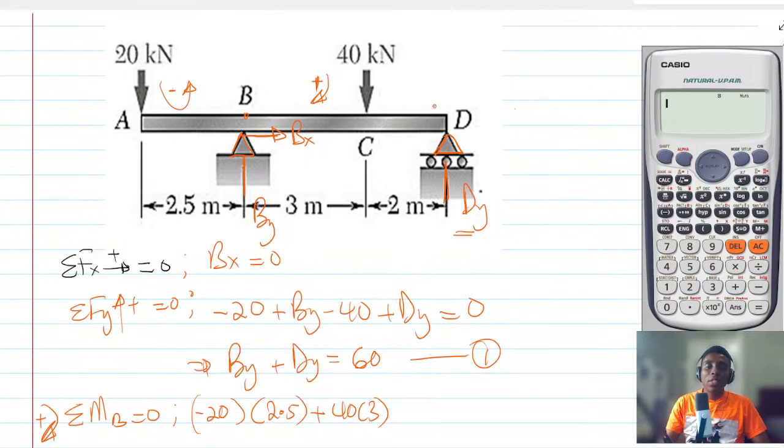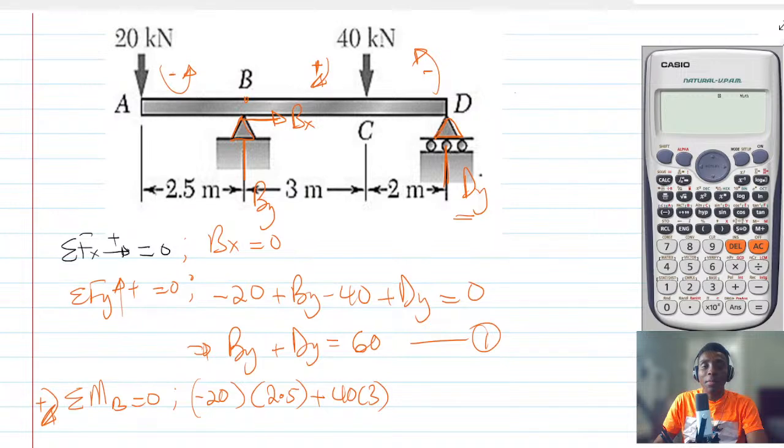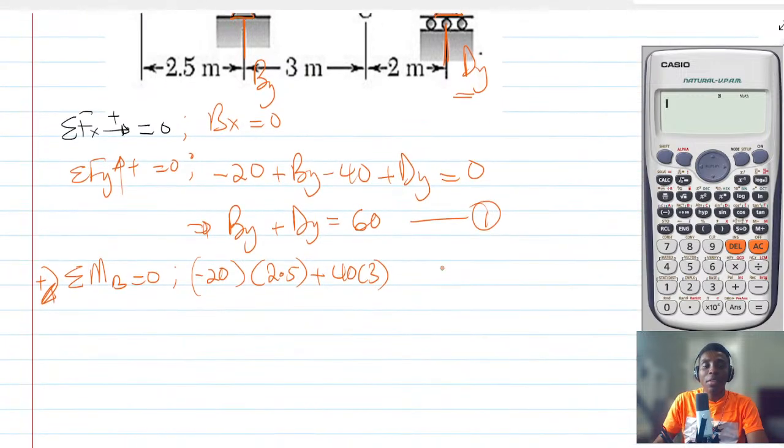Dy will create a counterclockwise moment about point B, so that one too will be negative. So minus 5 Dy should be 0. Now you have to solve for Dy.